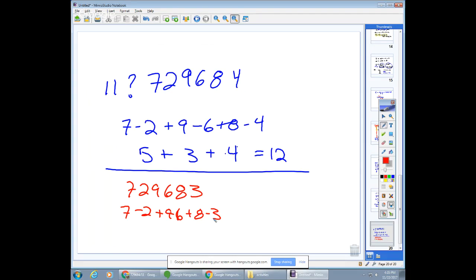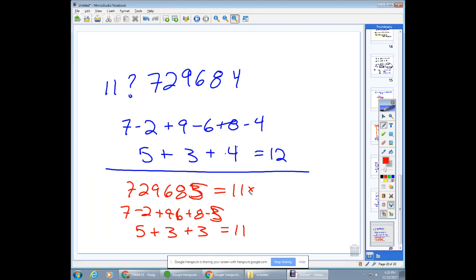Let's see, no. I want to bump that up to a 5, because I want to take one more away from this to get 11. So that's going to give me 5 plus 3 plus 3. That's definitely 11. So we should see that this is some multiple of 11.